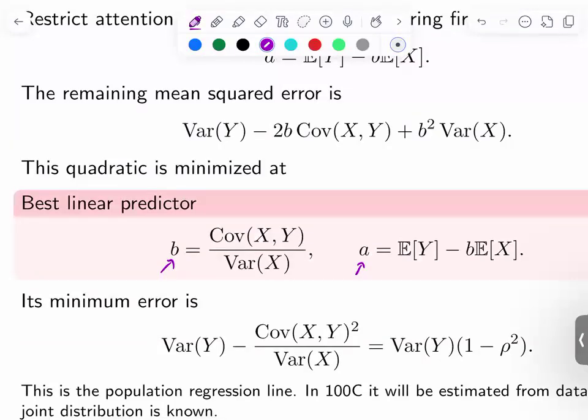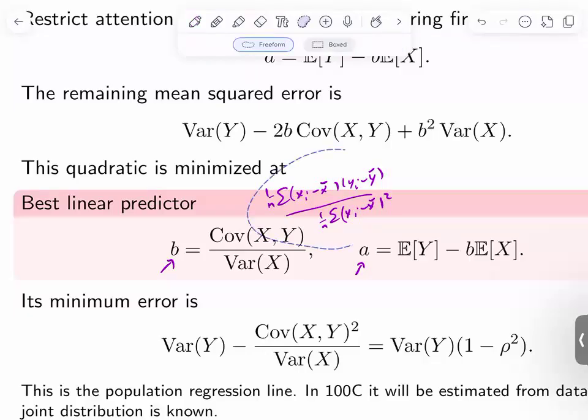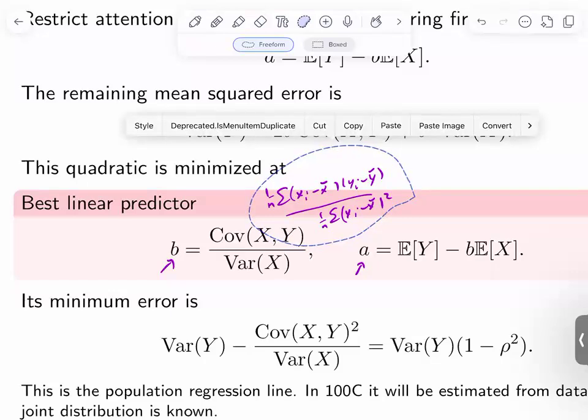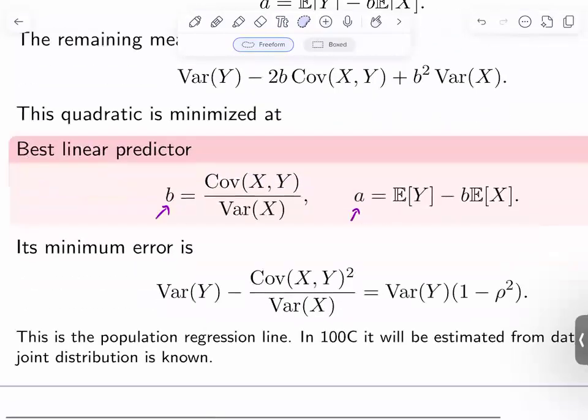You'd see something like xi minus x bar times yi minus y bar, divided by the summation of xi minus x bar squared. If you divide by 1 over n, as n goes to infinity, these are really this kind of situation. Okay. It's a clean population version. So this is going to be the best linear predictor.